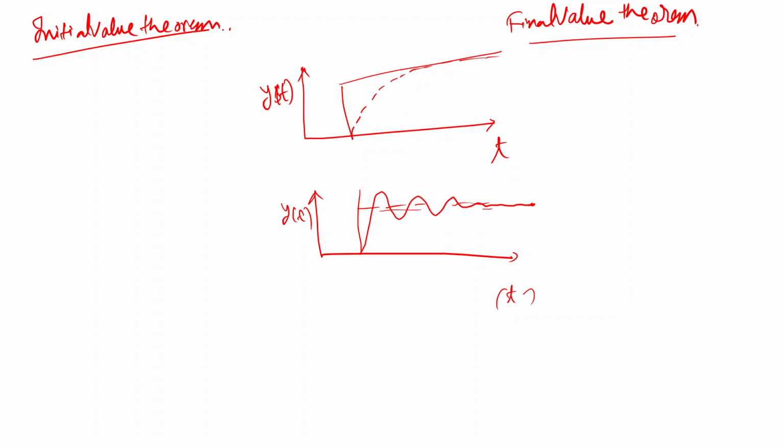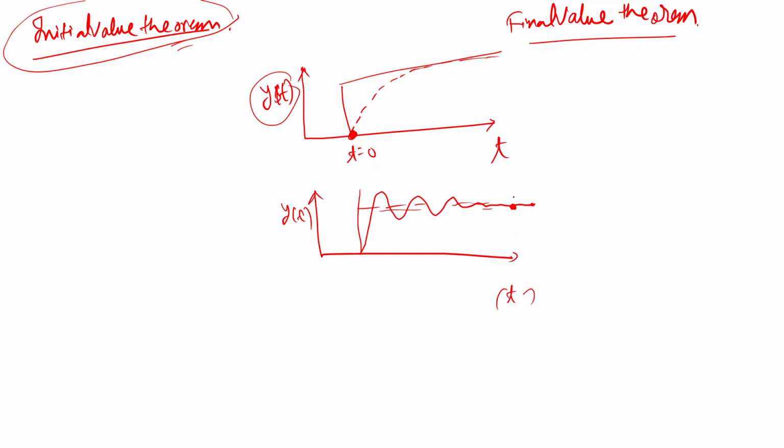When we say initial value theorem, if we want to find the output value at this time instant, that is at t equal to 0, we will use the initial value theorem, and by the final value theorem we want to find the final value of this output. The final value will be the steady state value.